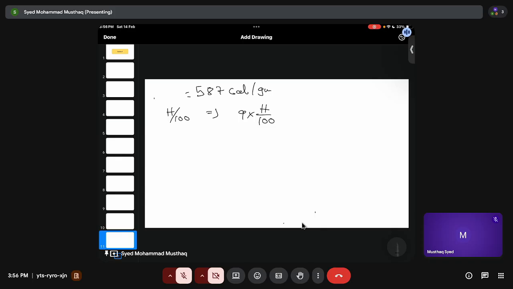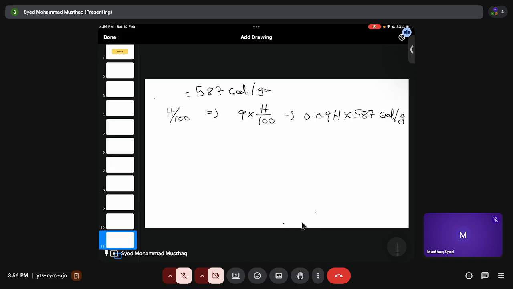This is the part of heat that has been carried away by water vapor, so it gives 0.09 H into 587 calorie per gram.